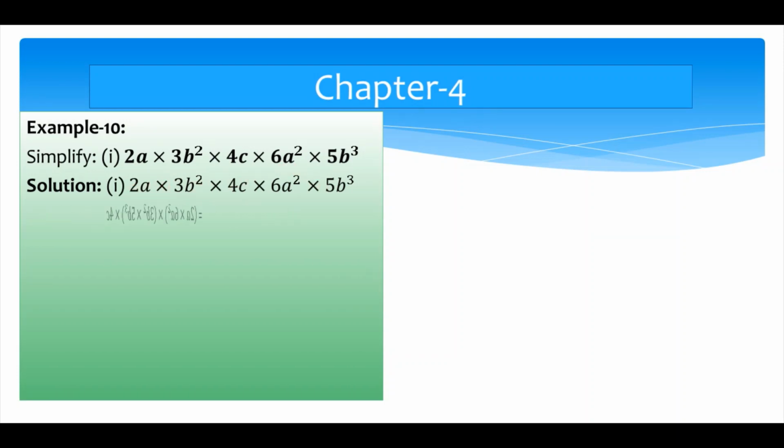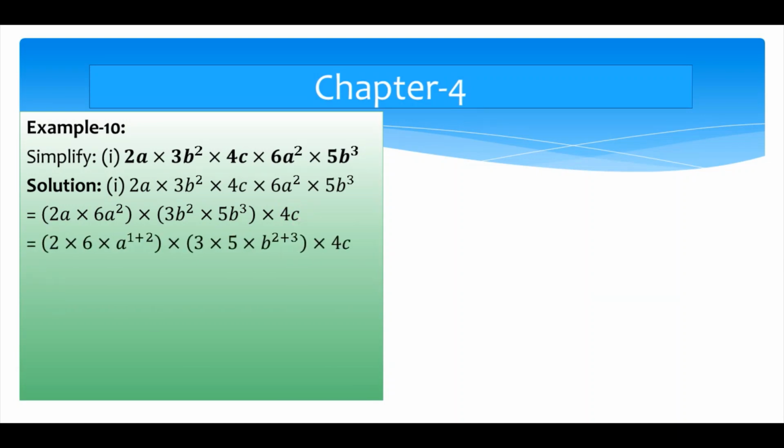So we will group the same bases together, like 2a multiplied by 6a square. Here the base is the same, so we can write it together. Here you can see 3b square multiplied by 5b cube. Here b is the same, so we can write them together. And here, multiplied by 4c, there is only one c, so we write it here.